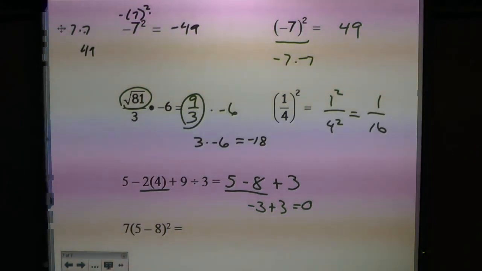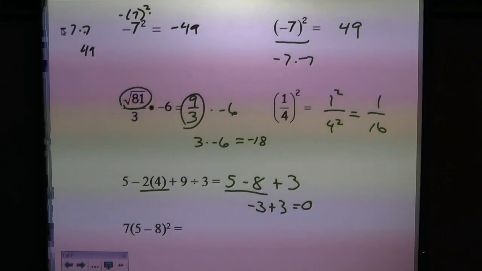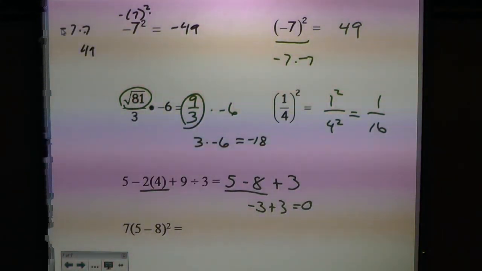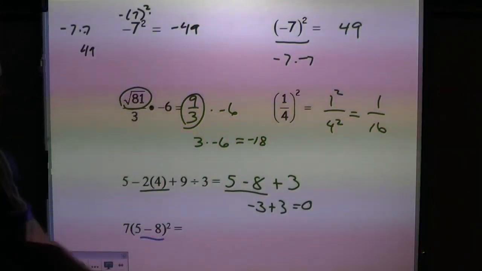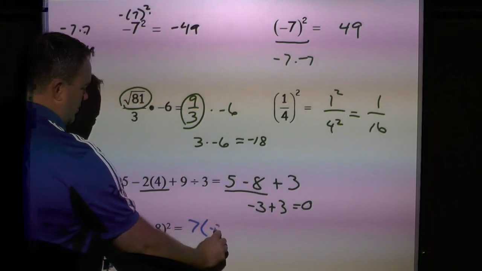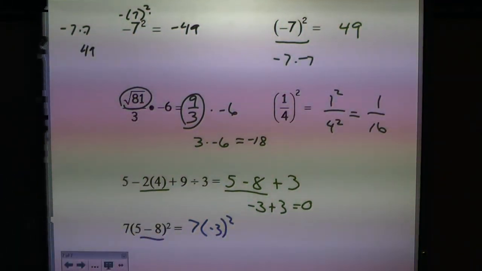7 times the quantity 5 minus 8, squared. All right, so you go through your PEMDAS. You have parentheses. Yep. So you're going to have to do 5 minus 8 first. Same as up here. Different signs, subtract, give the sign of the larger number. So it's going to be a -3. 5 minus 8 is -3.